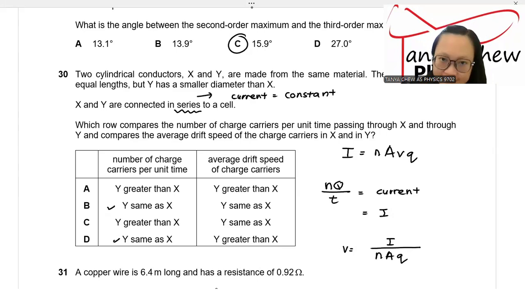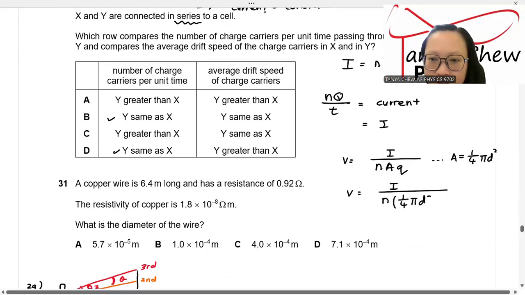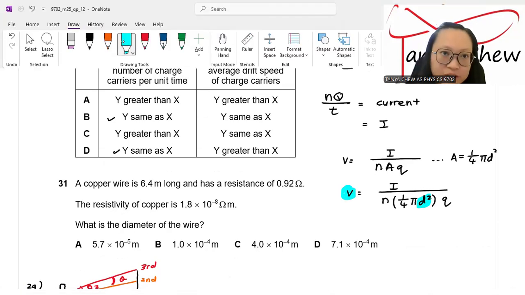I is a constant, right? What is the difference? The diameter is different. So I substitute A, where A is equal to 1 over 4 pi d squared. v is equal to I over n times 1 over 4 pi d squared times q. I only compare d and v because everything else here is constant.